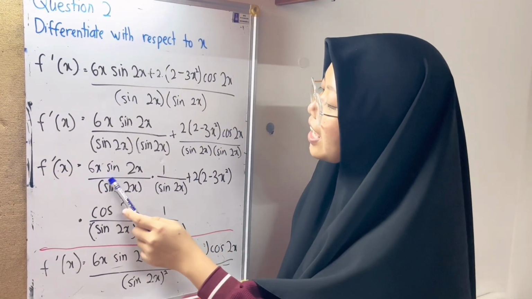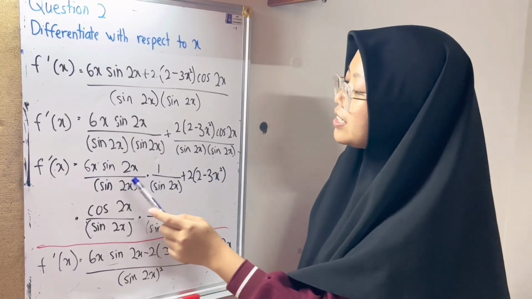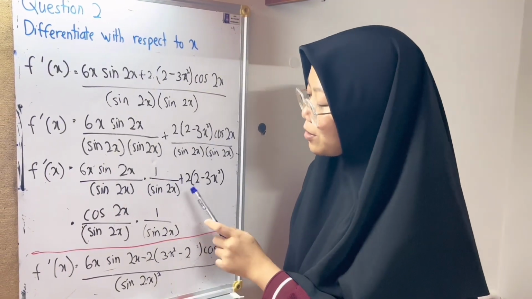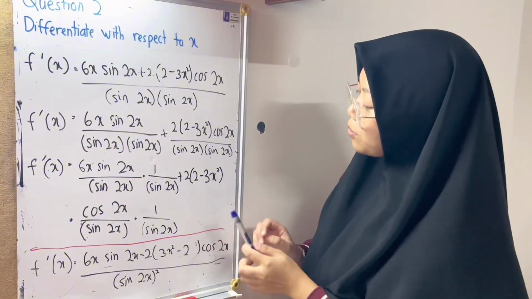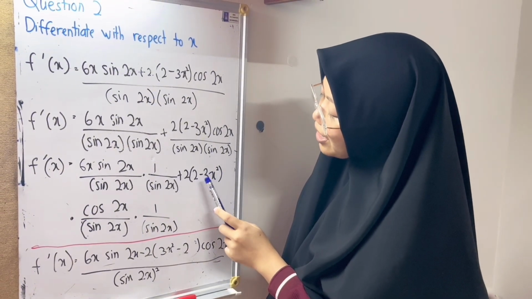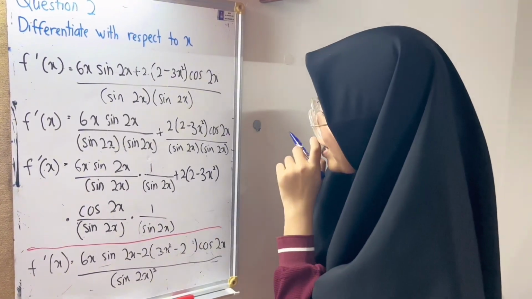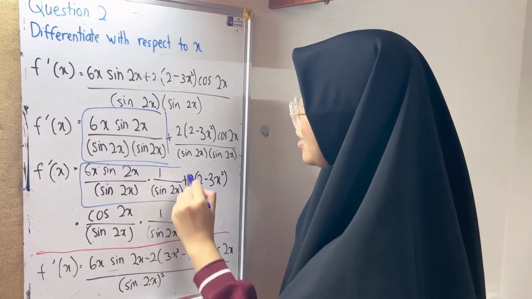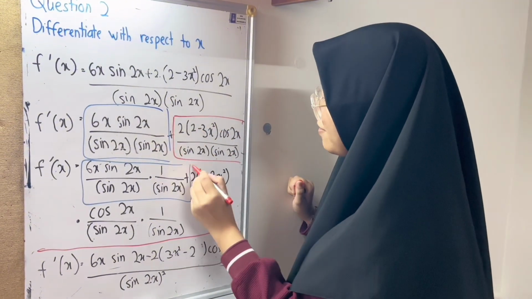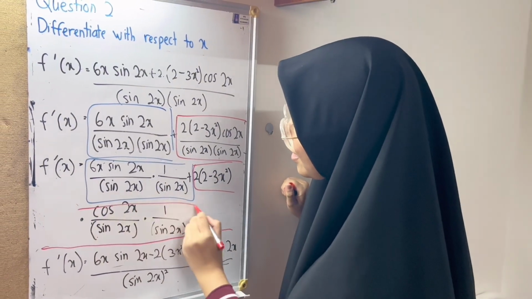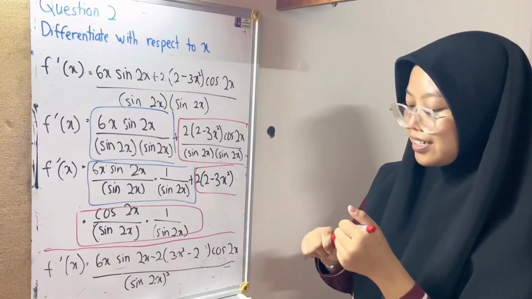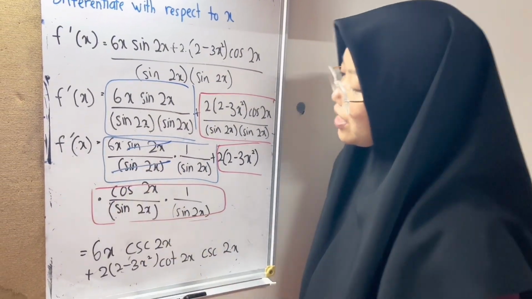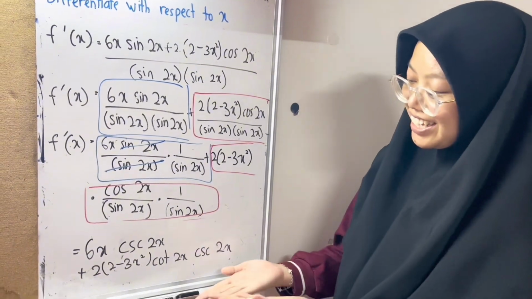I got 6x sin 2x over sin 2x multiplied with 1 over sin 2x, plus 2 bracket 2 negative 3x squared with this, for this. Okay, as you can see here, after we got this, we can cut, like this.